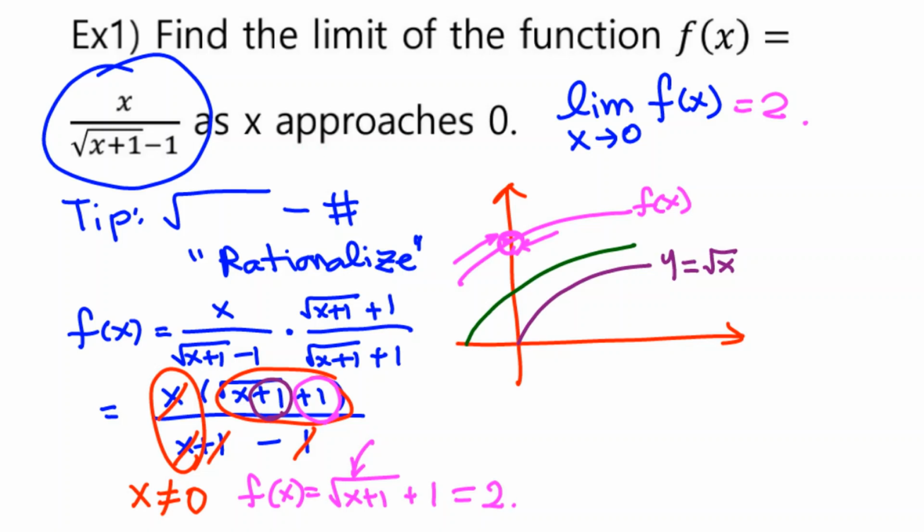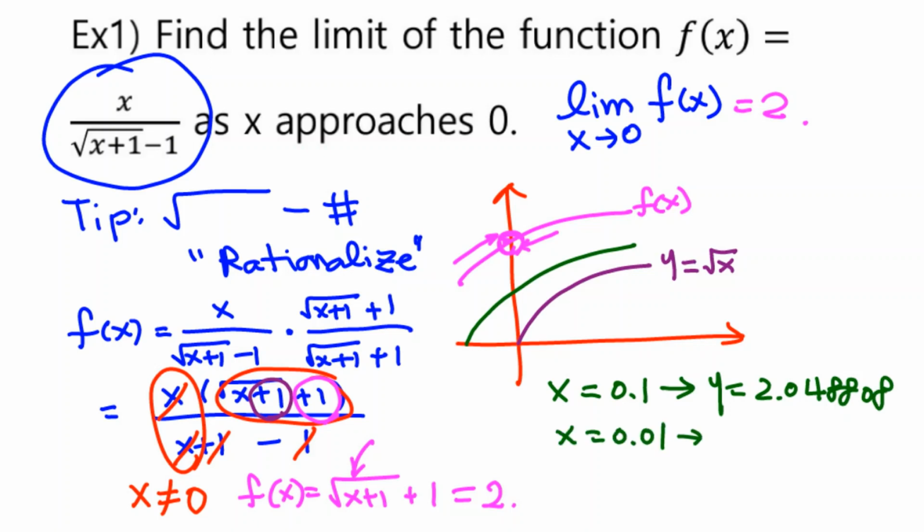How about the numerical way? I just use a calculator. Let me plug in numbers that are very close to 0. So x is 0.1, then y is 2.048808. When x is 0.01, y value is 2.004985.